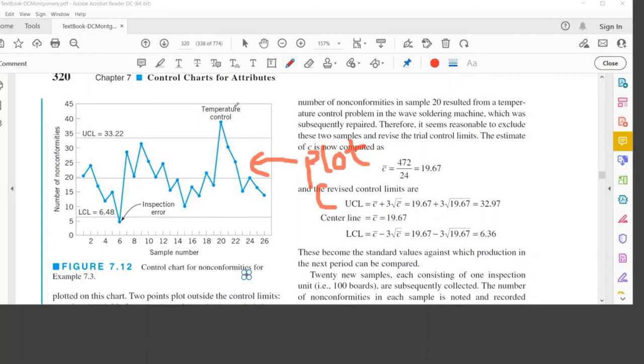We found out that one point is outside. So this one, they got a good result, but they found out it was an inspection error. No problem, inspection error. But normally, as I say, any values below the lower control limit show a good performance, not a problem to the process.